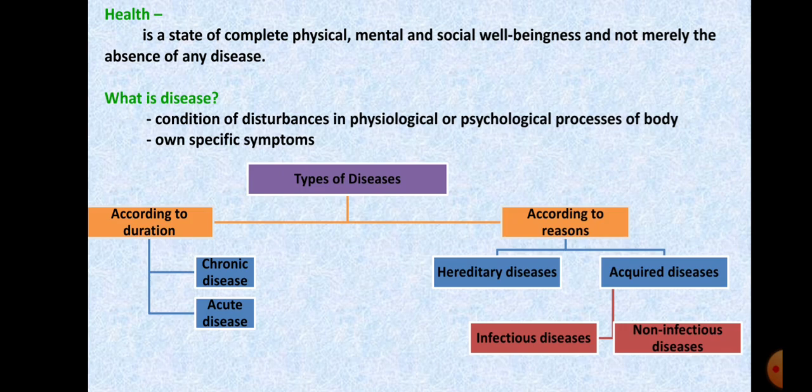So such diseases which are spread through contaminated air, water and food are called as infectious diseases. Second one is non-infectious diseases. The diseases which do not occur through infections and body contacts are called as non-infectious diseases. These diseases arise in the human body due to certain reasons. Okay, so these are the different types of diseases.